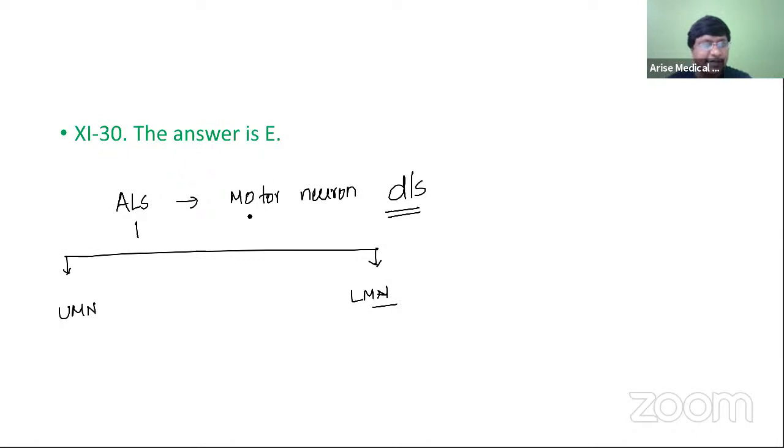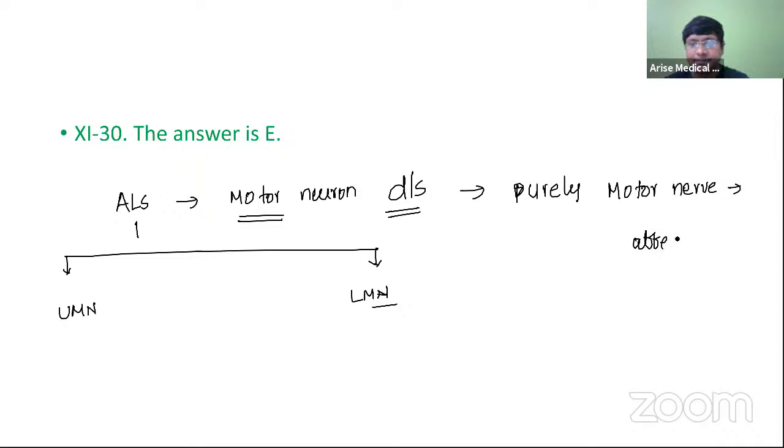And the word itself tells you motor neuron disease, that means purely motor nerves are affected. And in motor neuron disease, there is no sensory involvement.